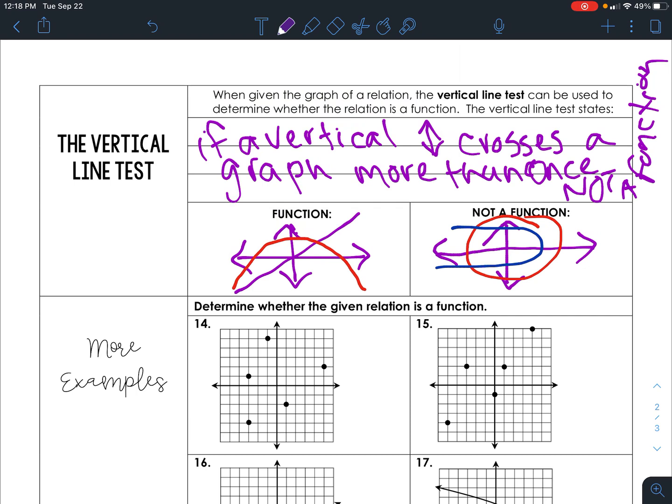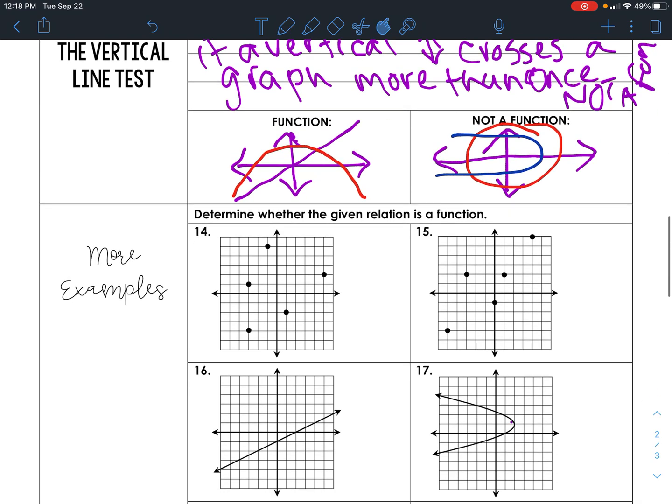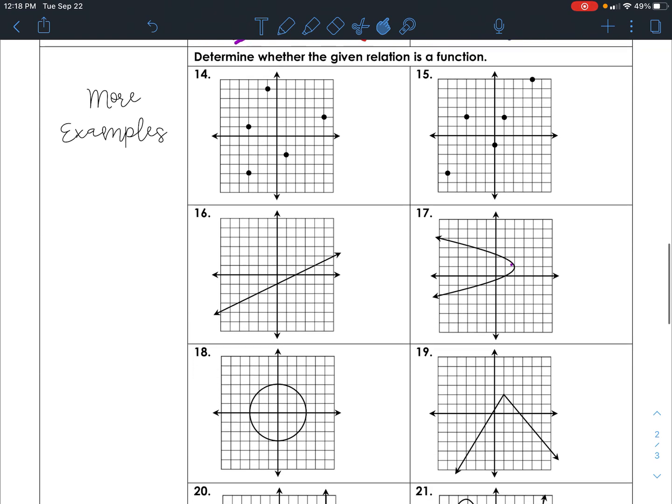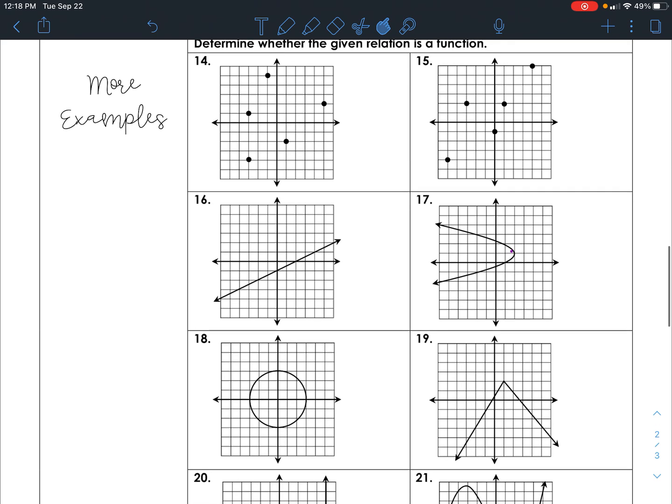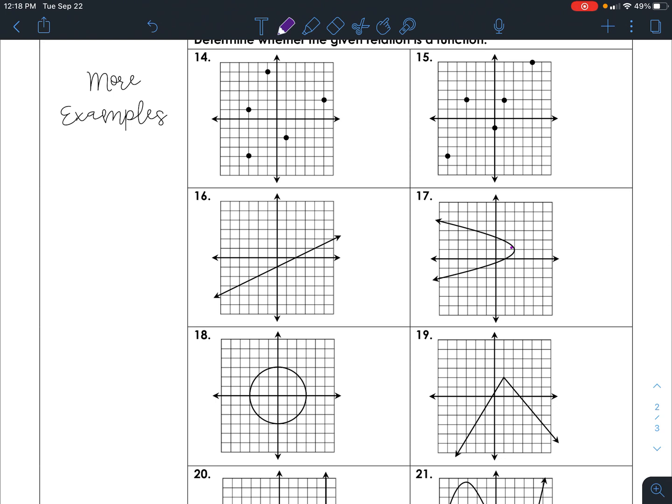All right, so let's do a vertical line test and see if this is a function. So number 14, well, is that a function? So I'll do a little vertical line test here, right? So I'm gonna just draw my line through here.